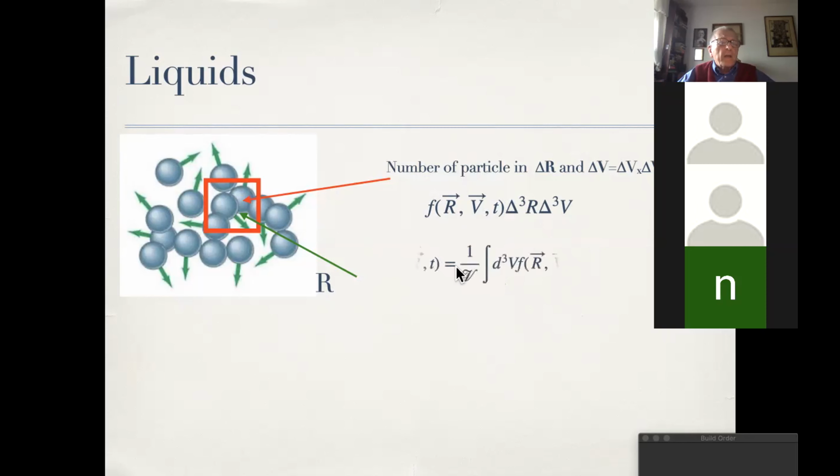That function can be interpreted either as a number of particles in a given volume or as a probability that, within the given volume delta R and delta V, we find a particle at the position R and velocity V at the time t.